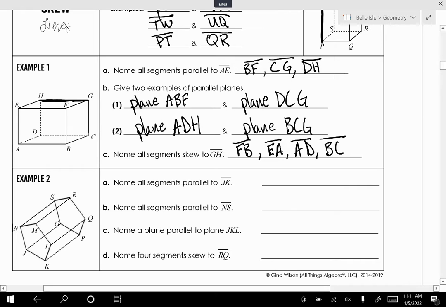Okay, do example 2 on your own, please. Oh yeah, I put OP. Then I saw.